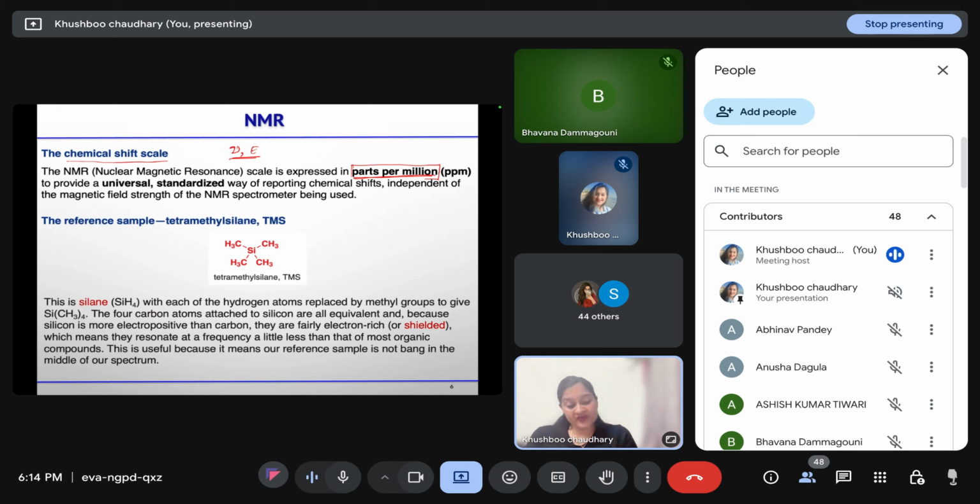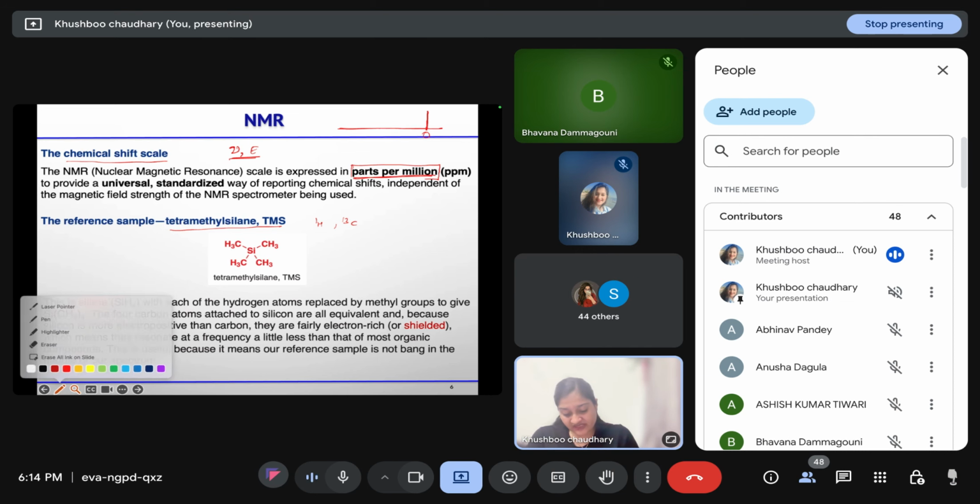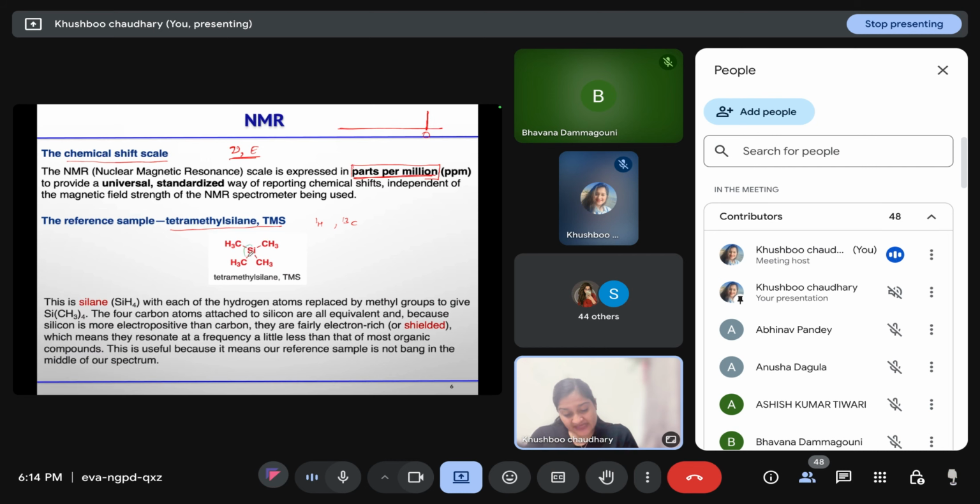And based on one reference, we will record our spectra. That reference is tetramethylsilane for 1H and carbon 13. In tetramethylsilane, the silicon is electropositive in nature, and being electropositive, all these carbons are equivalent.